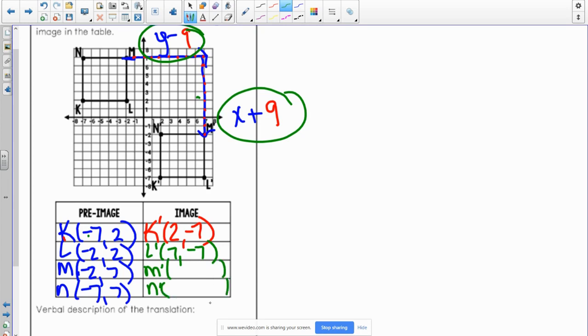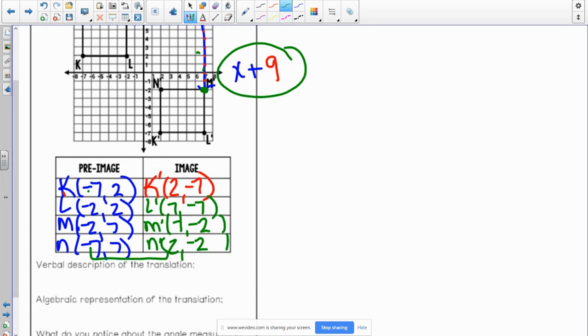Again, do whatever's comfortable to you. So M is right here. That's at 7, -2, if that's easier for you. But a good check would be to quickly check it with adding 9 on the x and subtracting 9 from the y. And then N is at 2, -2. And we'll quickly check that one.